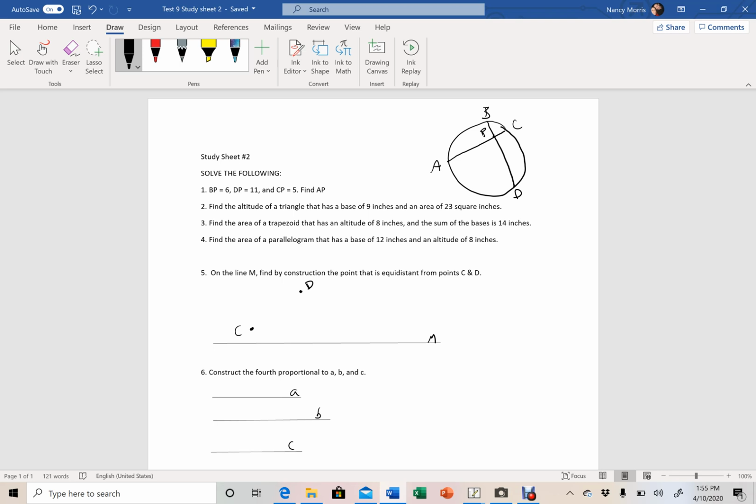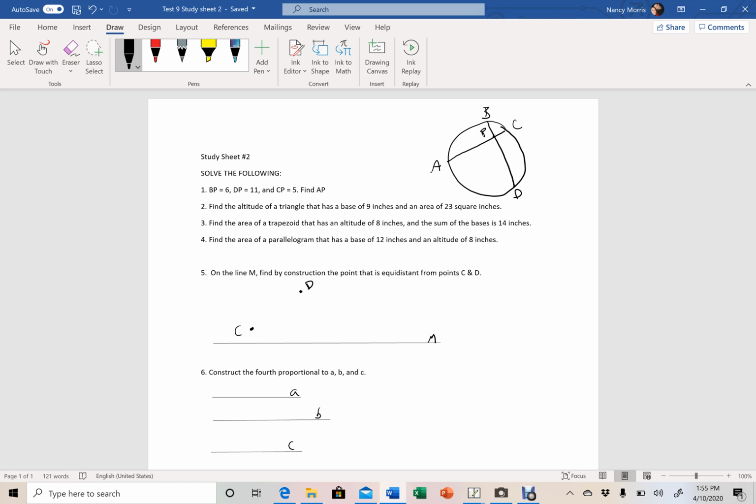All right, so your best bet, of course, we can go back into the book and find this. All right, but if we set this up, remember, we can set this up as ratios, okay?